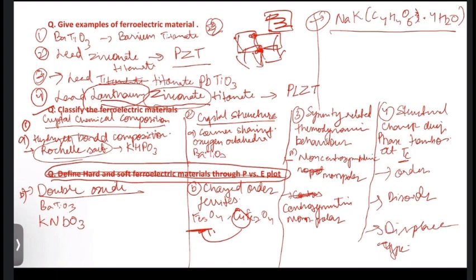And the transition temperature for it is minus 10 to 23 degrees Celsius. In this range, it behaves as a ferroelectric.